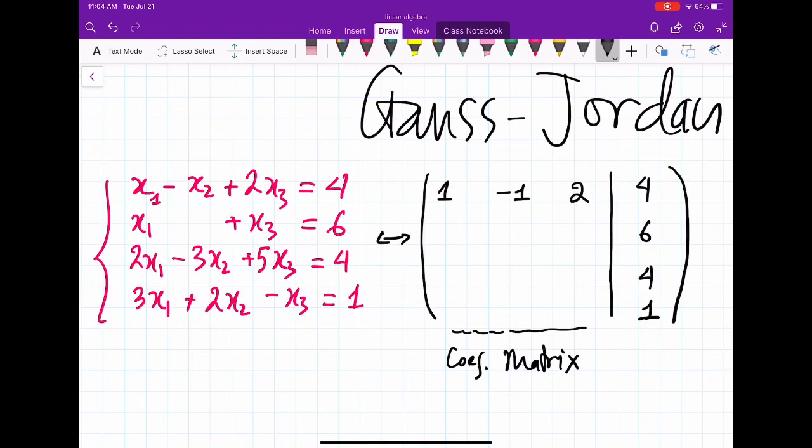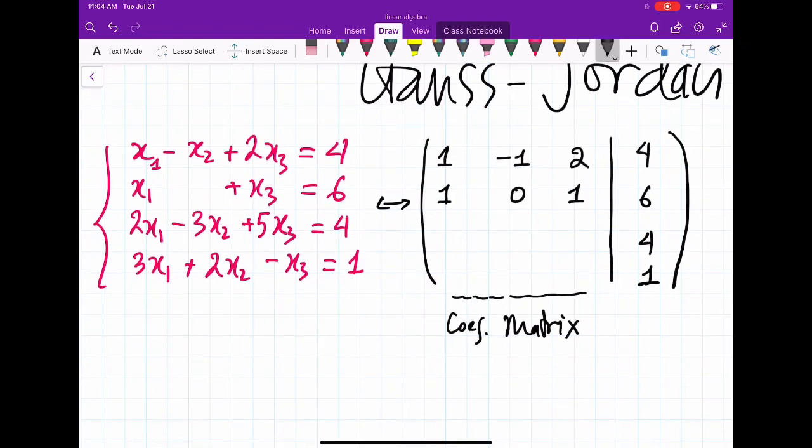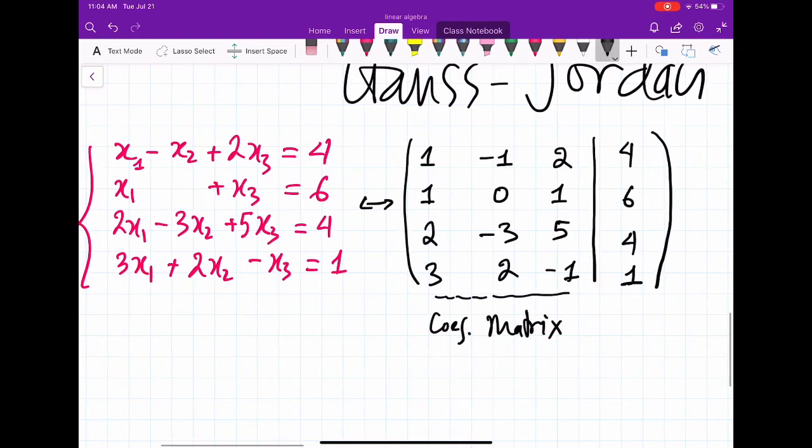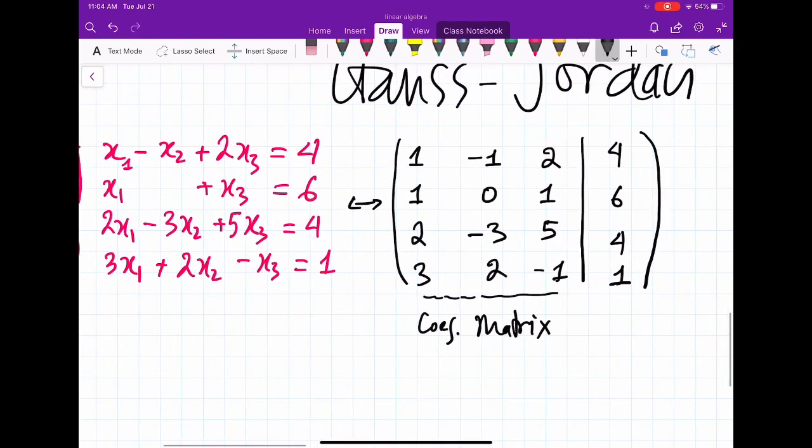The second row 1, 0 and 1. The next row is 2, negative 3 and 5, and then the last row is 3, 2 and negative 1. You see, and the coefficient matrix has 4 rows and 3 columns. 4 rows is corresponding to 4 equations, 3 columns is corresponding to 3 variables.